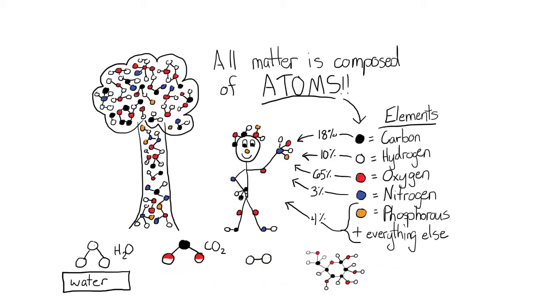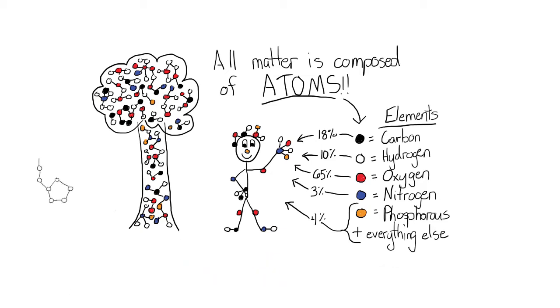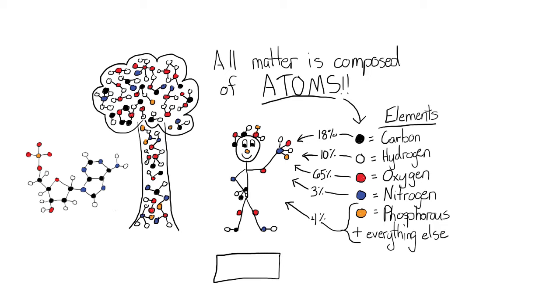My favorite molecule of all time looks something like this. Now, this is the most complex one of all of them that we've looked at so far. Notice it has carbon in it, it has hydrogen in it, it has oxygen, nitrogen, and phosphorus in it. This is one of the most important chemicals of life, and it is called DNA.